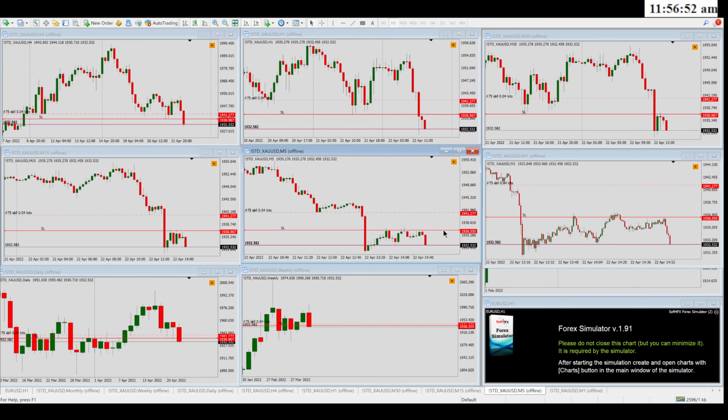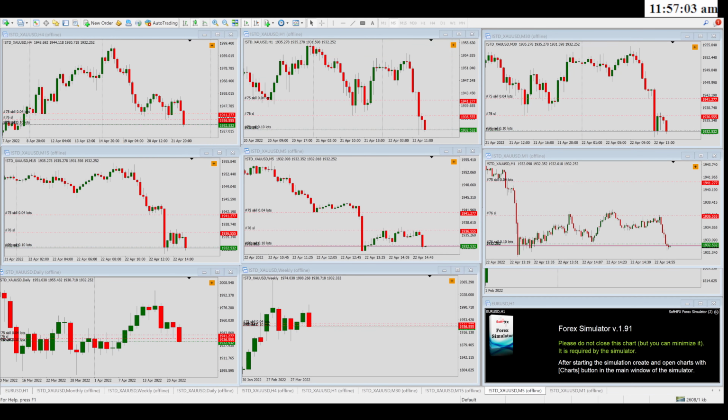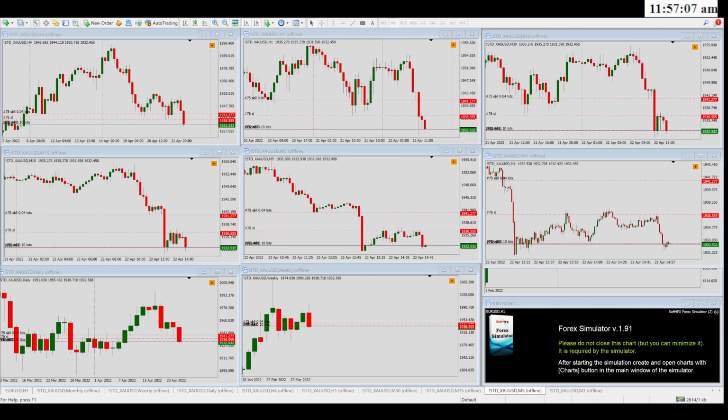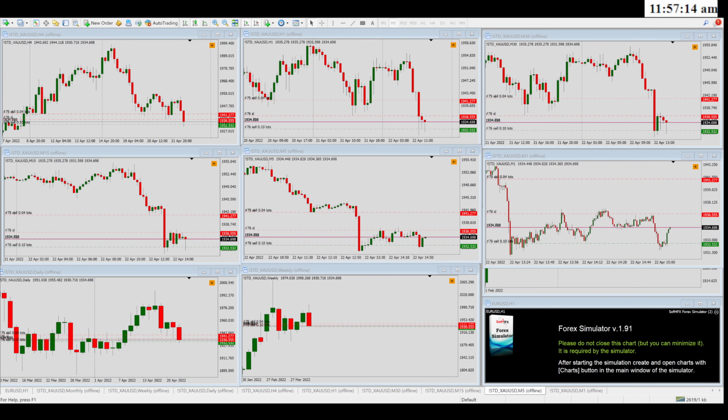Stop loss is huge, 55 pips, 40 pips. This trade is very tricky and very risky. That's why I didn't execute onto this trade with my full risk.